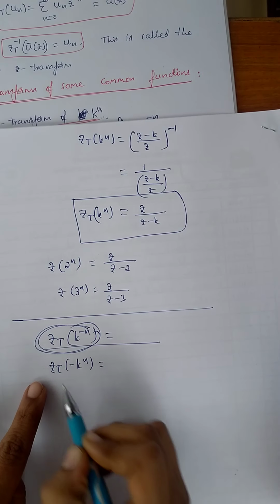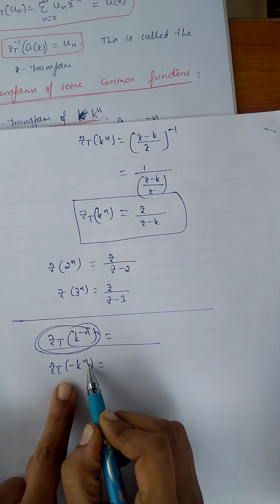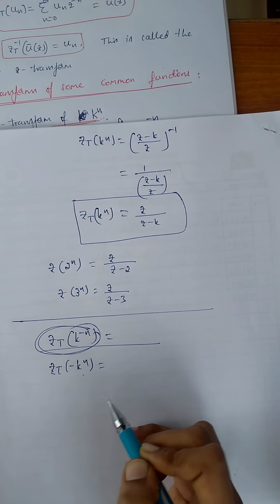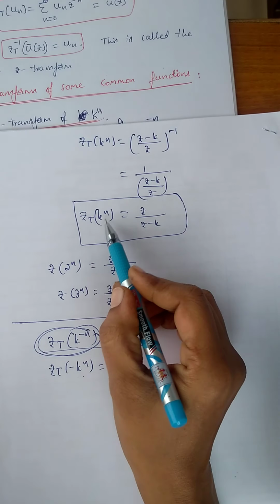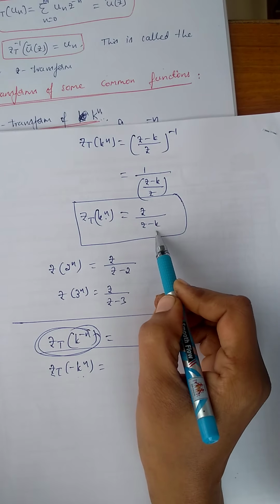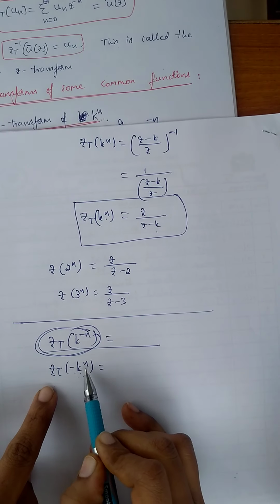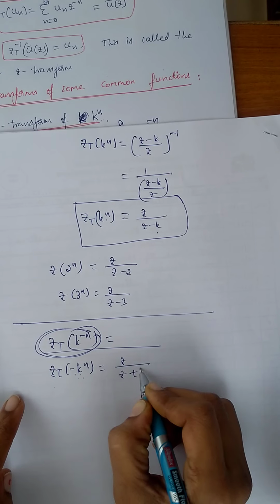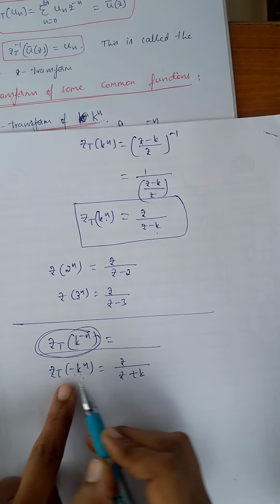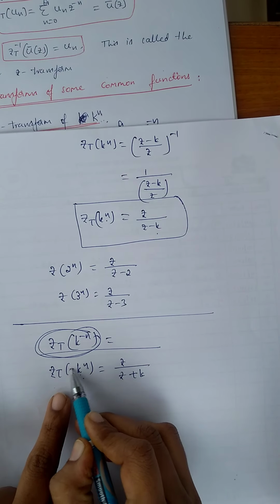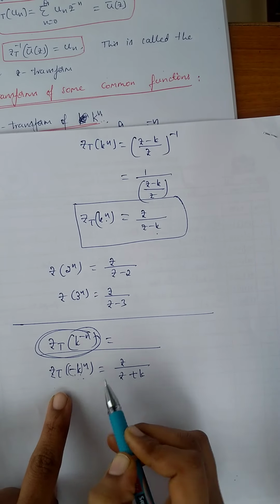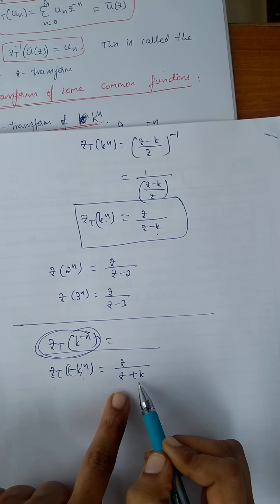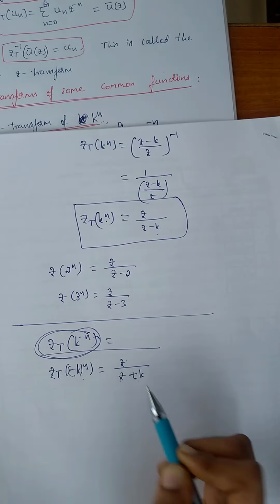And next I am going to explain the z transform of minus k power plus n is equal to what? The z transform of k to the power of n is z by z minus k. The z transform of minus k power n is equal to z by z plus k. Just replace k by minus k. Here minus k power n is given, therefore just replace k by minus k, and we get z by z plus k as the answer.